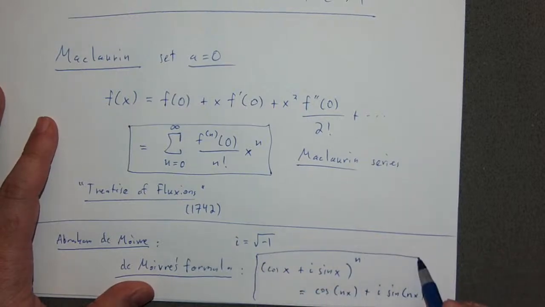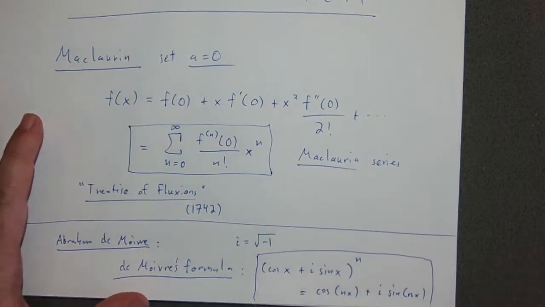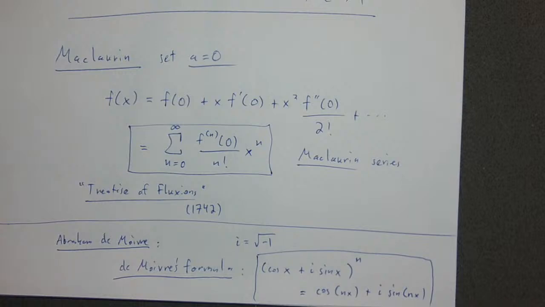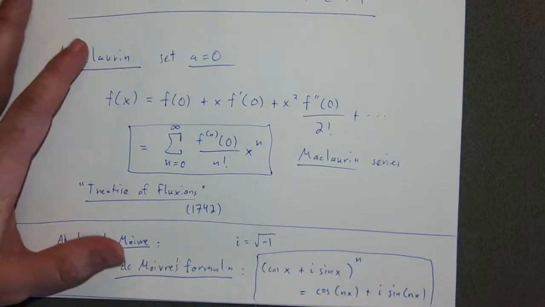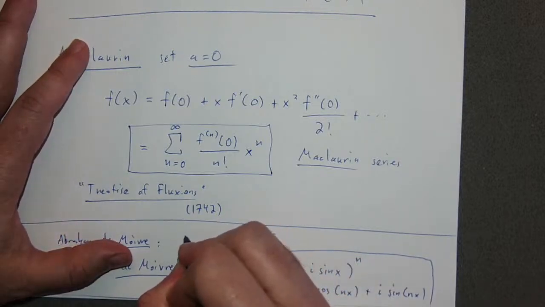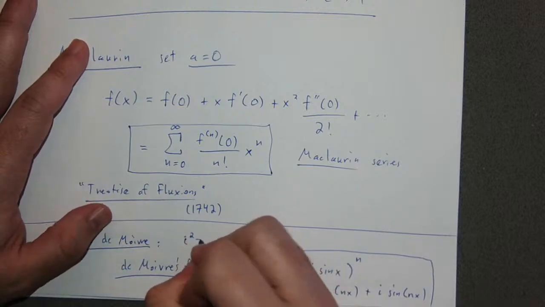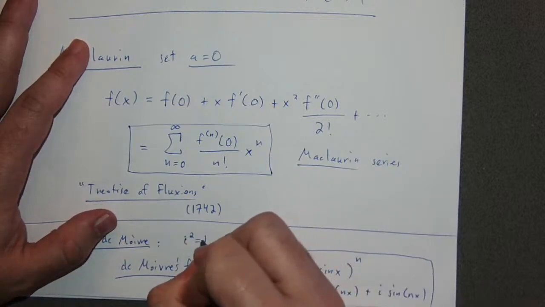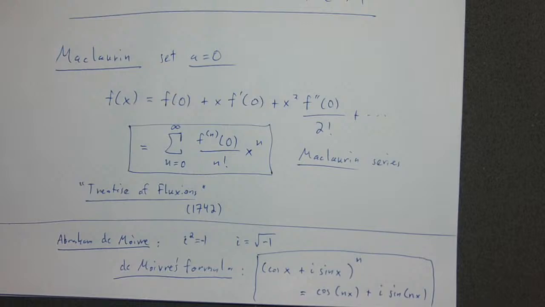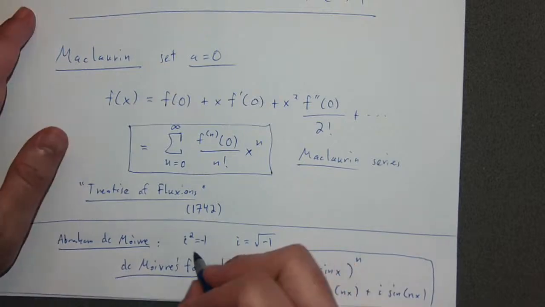Now, you can prove this, so you need to do some algebra involving the imaginary unit i. The main thing to know about it is it's not a real number. It is a number such that when you square it, you get -1. So i squared is -1.